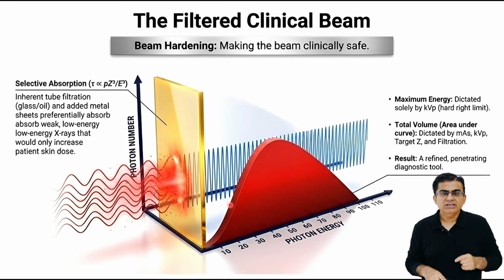I will explain the two most important concepts regarding this final curve. First, look carefully at the absolute hard right limit of this curve. This exact point represents the absolute maximum photon energy existing in your treatment beam.